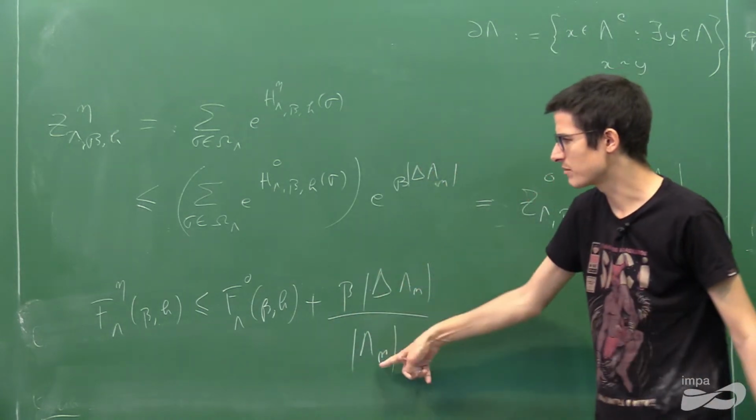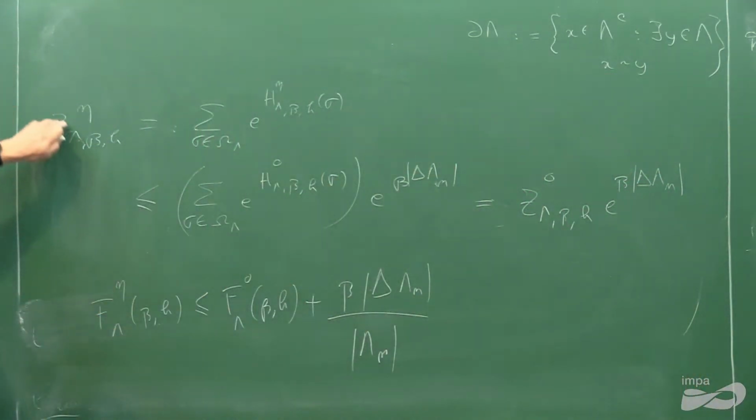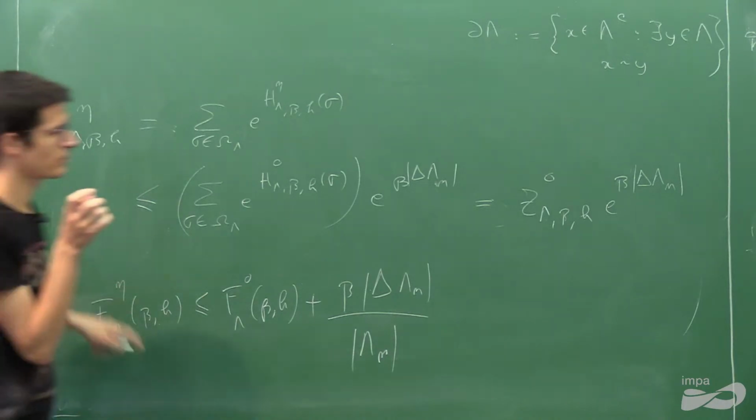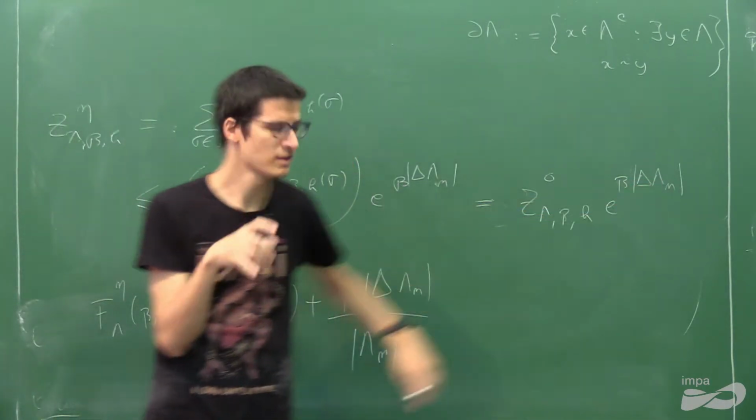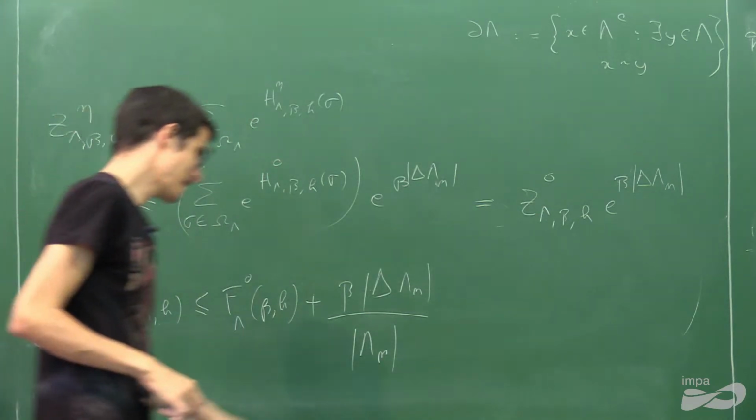This 1 over lambda n is in the definition. When I'm doing this, I'm just taking the log, so I'm conserving the inequality. The log transforms this multiplication into an addition, and then I'm dividing by the volume.